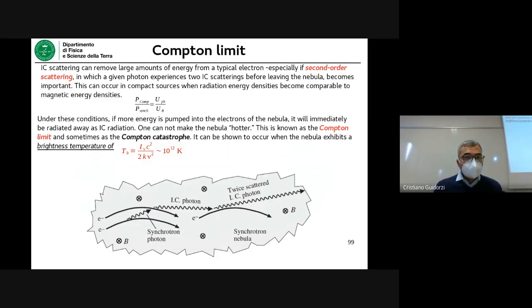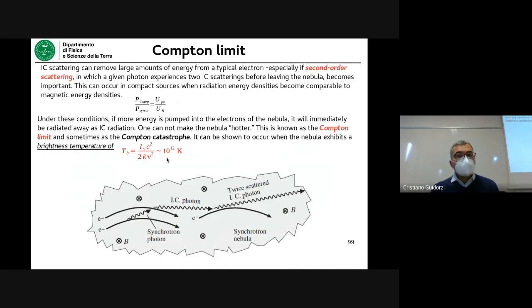And because of the power of this mechanism, there is also a limit, which is called the Compton limit. This is the case in which the energy density associated with the photon field can be comparable with the magnetic one, so when this ratio approaches 1. In that case, you have so many photons, so the two processes are working with comparable power.